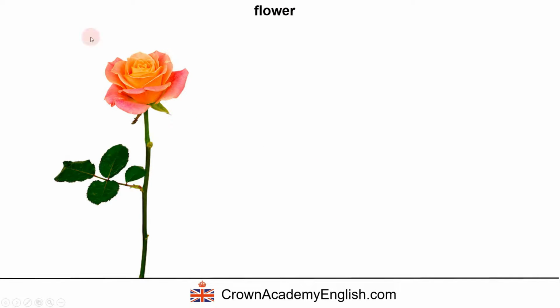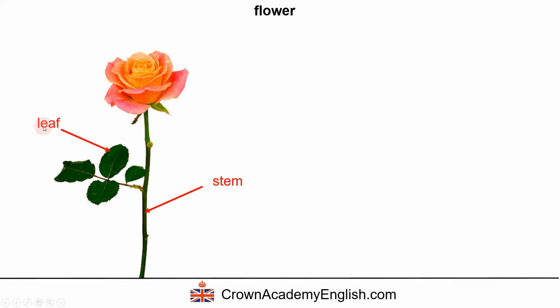Flower. So the whole thing is a flower, and there are three parts. We call this the stem. This is the stem of the flower. This is a leaf. So there's one leaf and four leaves. Remember, the plural of leaf is irregular.